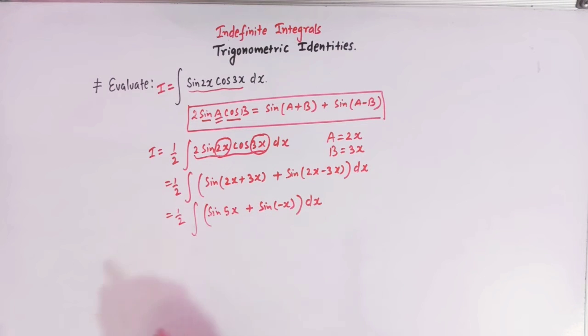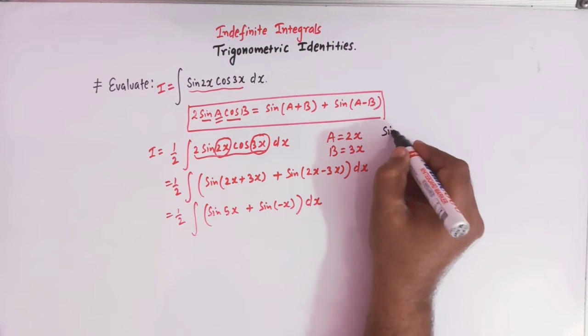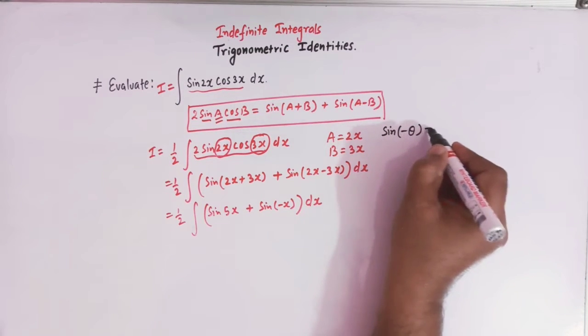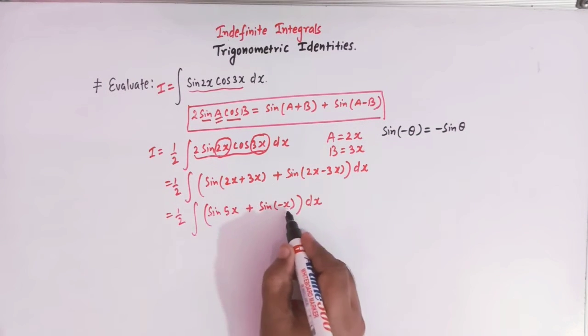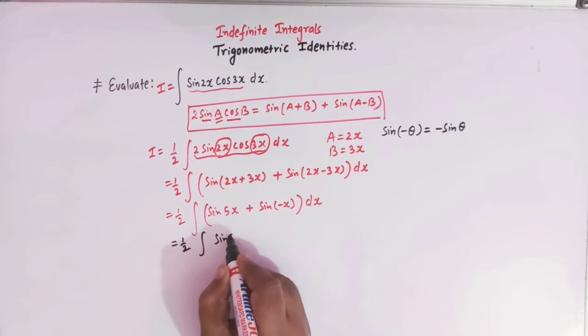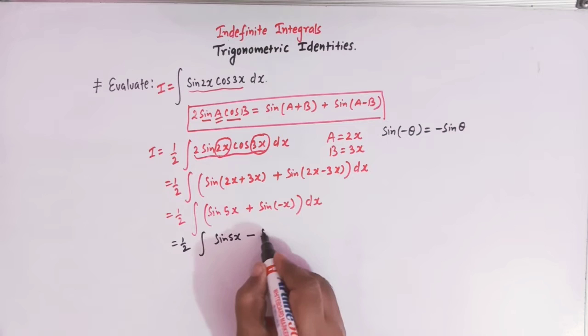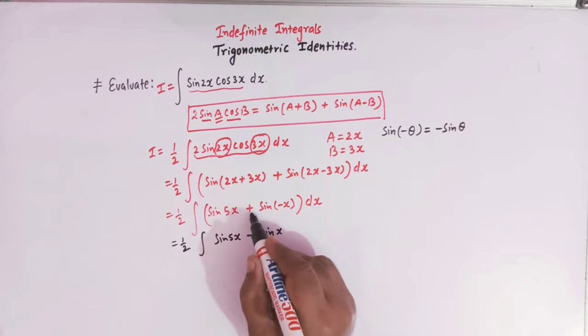From trigonometry, one more important result says that sine of minus theta is equal to minus sine theta. So sine of minus x can be written as minus sine x, and we can take this negative sign outside.